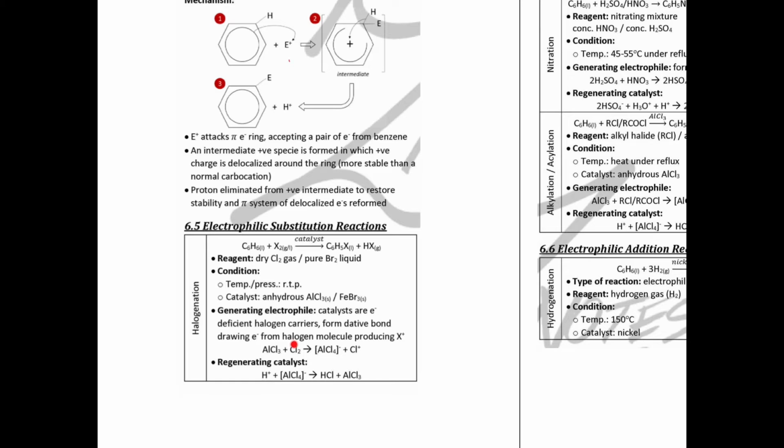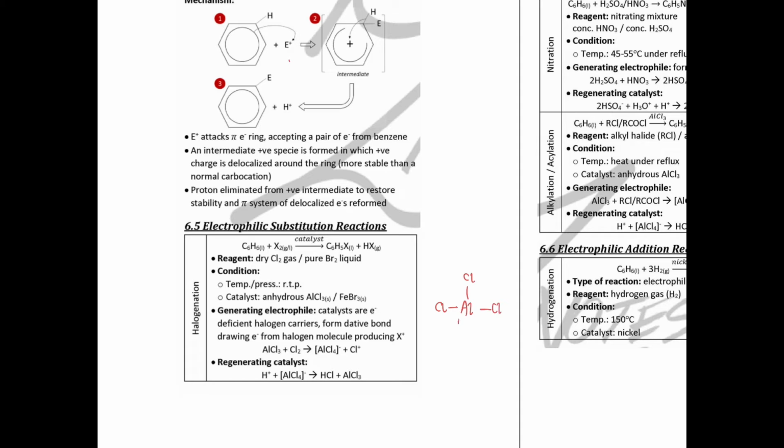The bonding electrons are divided in a way that is not fair. One Cl gets nothing, another Cl gets 2 electrons. So the chloride, the Cl minus, which gets 2 electrons, will stick to the aluminum chloride. You know, aluminum chloride has something special, this catalyst.